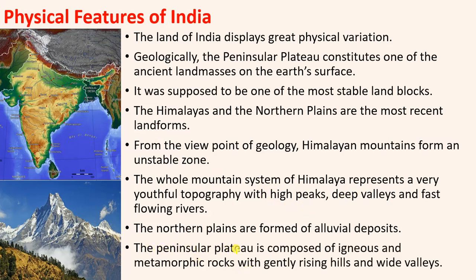The peninsular plateau is composed of igneous and metamorphic rocks with gently rising hills and valleys. The peninsular plateau region is made up of igneous rock, as it is believed that this is the oldest landmass, Gondwana land.